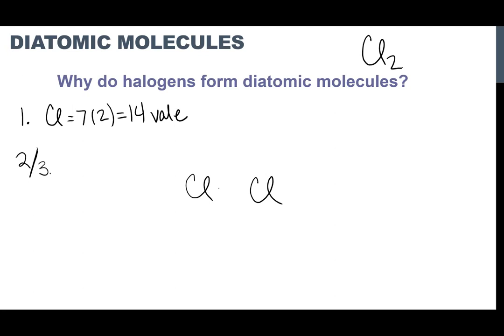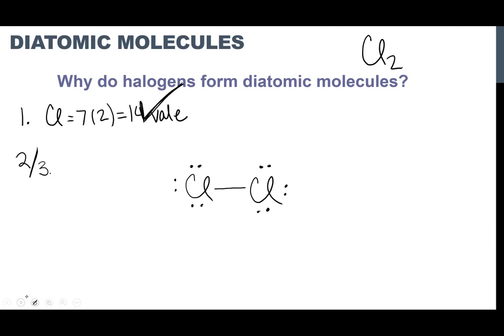So again, I always start with a bonding pair. So 1, 2, and then I'm going to keep distributing until I get to 14. So 1, 2, 3, 4, 5, 6, 7, 8, 9, 10, 11, 12, 13, and 14. All right, so I've used all 14 valence electrons that were brought to the party.